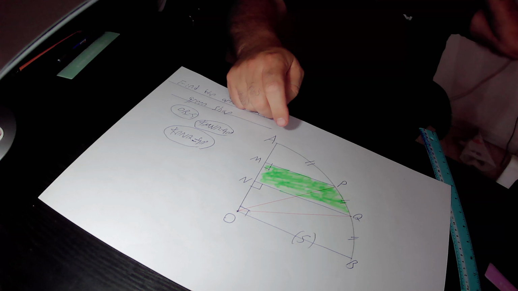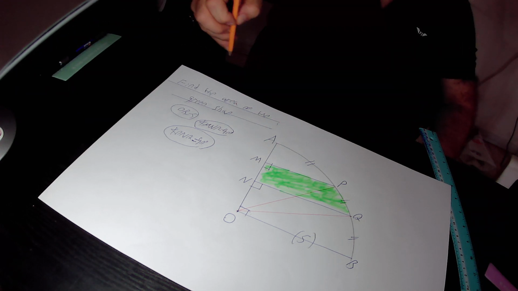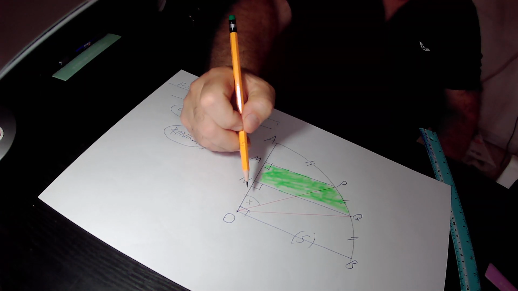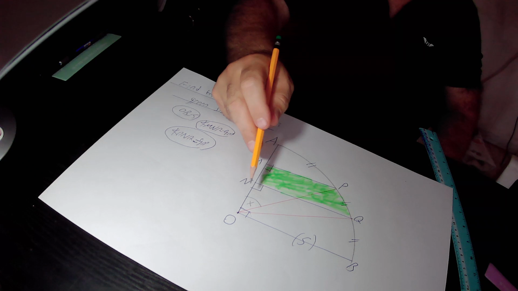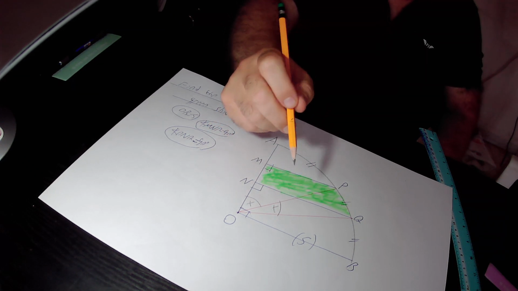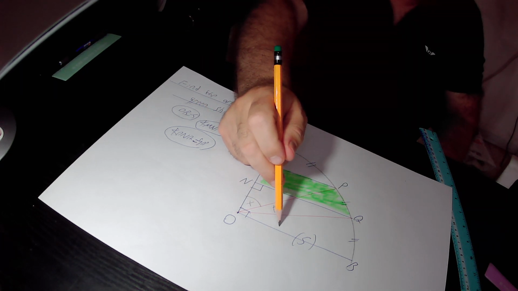So if we define angle AOP as x, then angle POQ must also be equal to x according to rule 20, and this angle QOB must also be equal to x degrees.